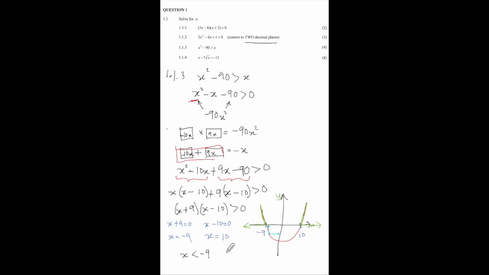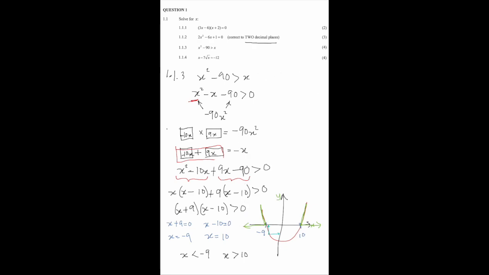And then for this part to the right of 10, as an inequality, that will be x is greater than 10, because all the numbers to the right of 10 are greater than 10. So those would be my solutions for this one.